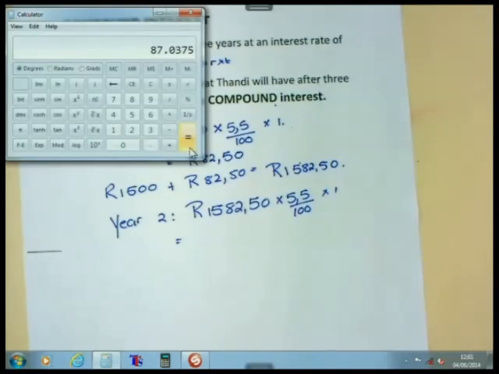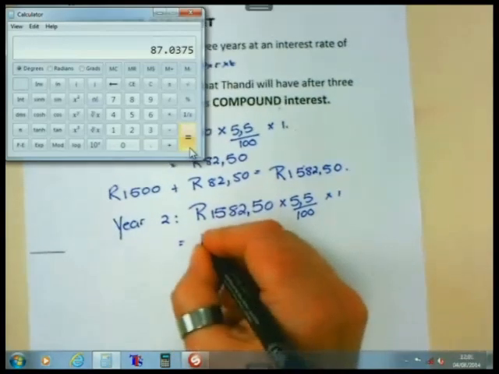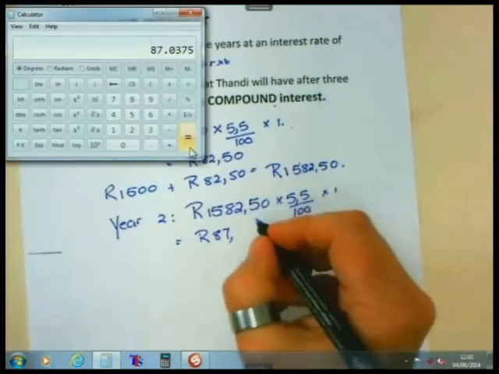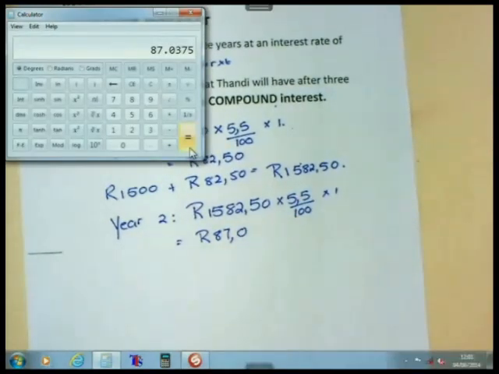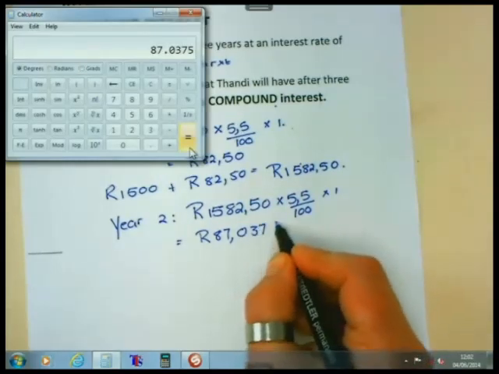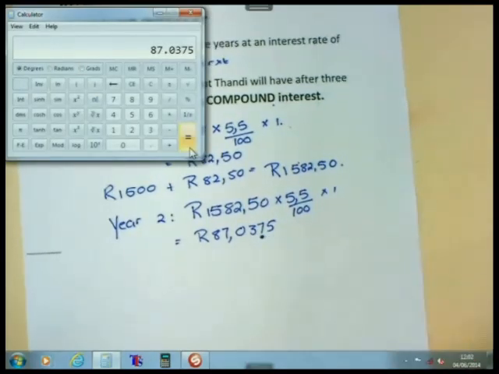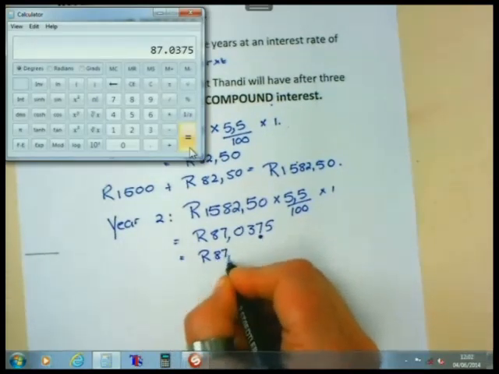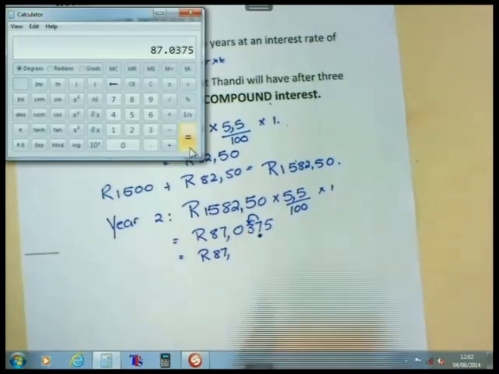In year 2, the interest will be 87 rand, and if I round off correctly to 2 decimal numbers, I know that if I have a number which is bigger than 5, when I round off, it makes this number the next number.